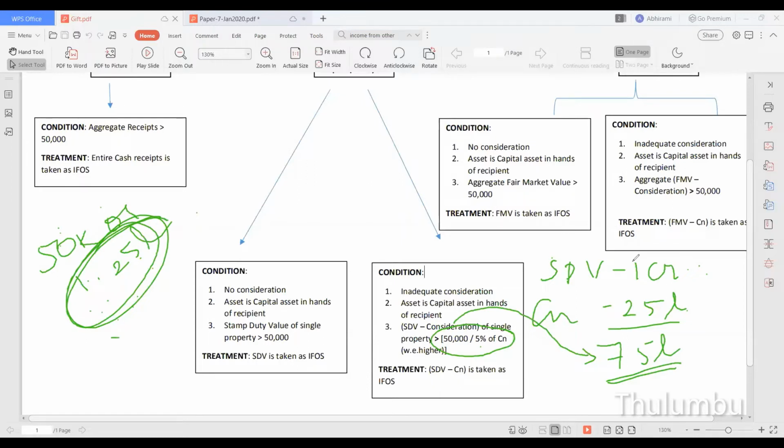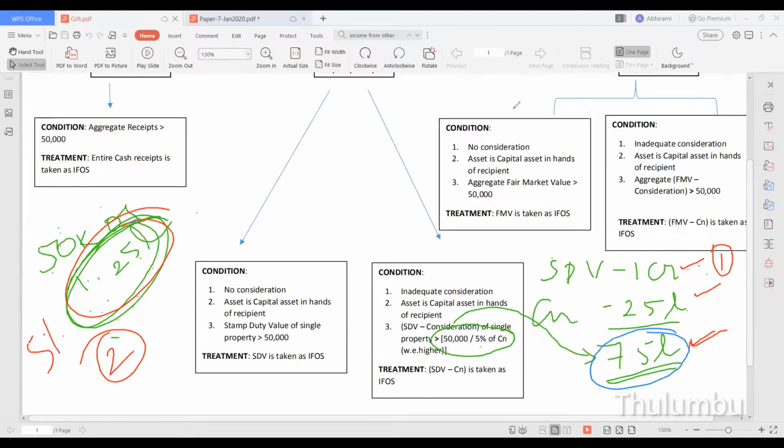So the first step is to find out the difference, stamp duty value minus consideration. Second step, it is 50,000 or 5% of consideration, whichever is higher. The third step is to compare this 75 lakhs and 1.25 lakhs.